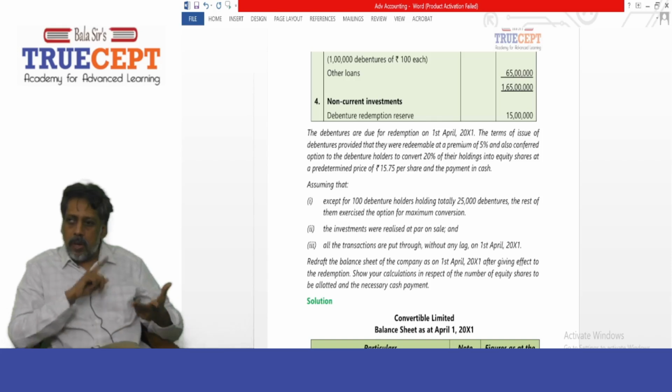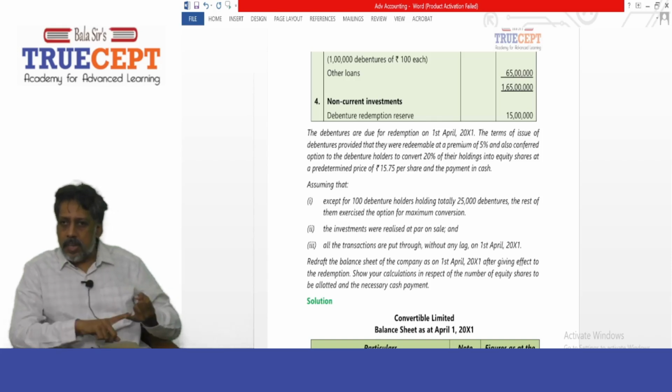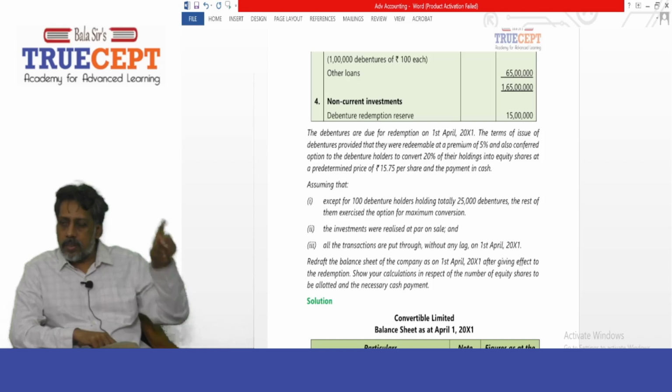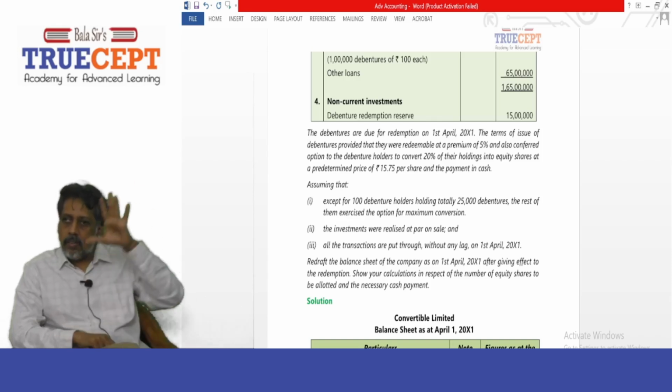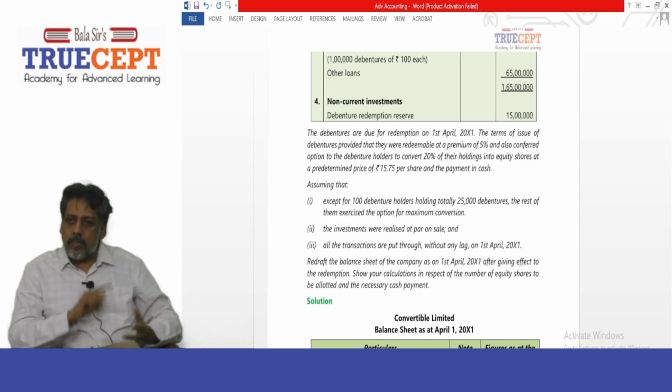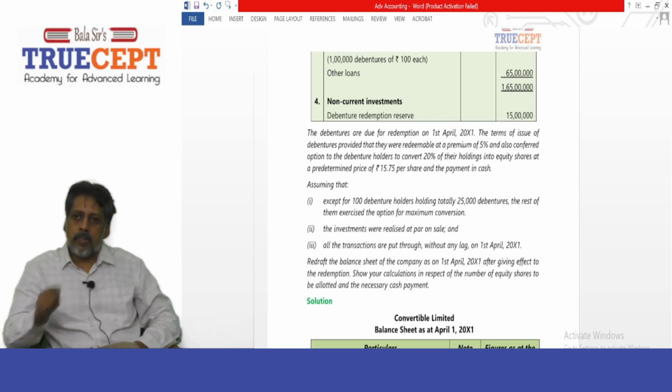Remember, the face value of one equity share is rupees 10 each. That we know from note number 1, share capital: there are 5 lakh shares of rupees 10 each, 50 lakh. So 10 rupee shares are offered at 15.75 for the purpose of conversion.